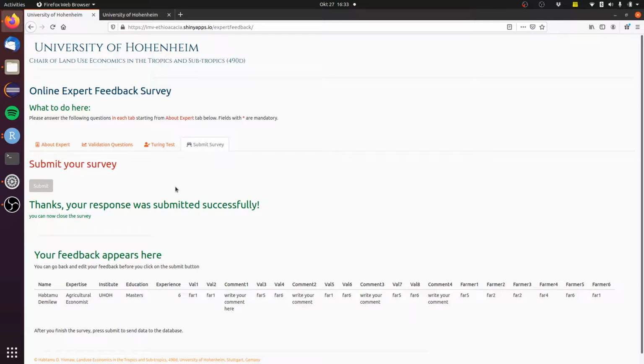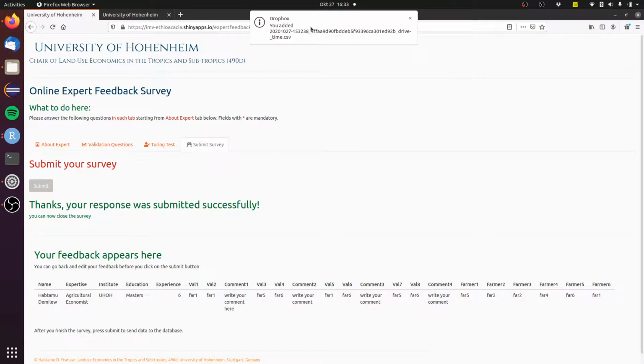When you submit, we get the data in our database, and we will analyze the data from everybody and incorporate the results into the model. See, I have already received the result in my Dropbox.